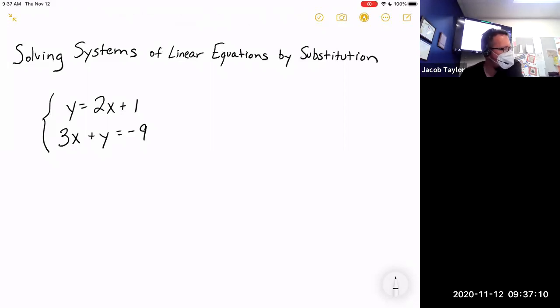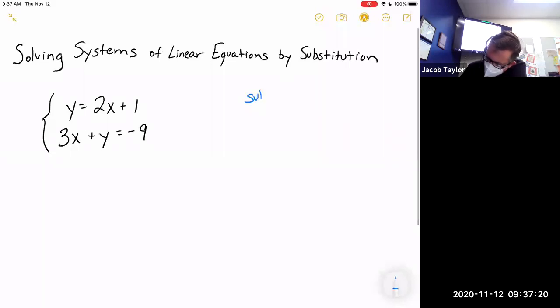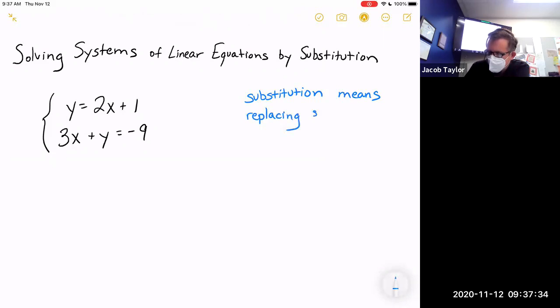So refresh my memory, because it's been a long time since we've done this. What does the word substitution mean? Not even just in math, but in general, like life in general, the word substitution means what? Replacing something. For example, we were talking about making a cake earlier that does not use eggs, and one of the suggestions Ellie said was, well, why don't you just use egg substitute?